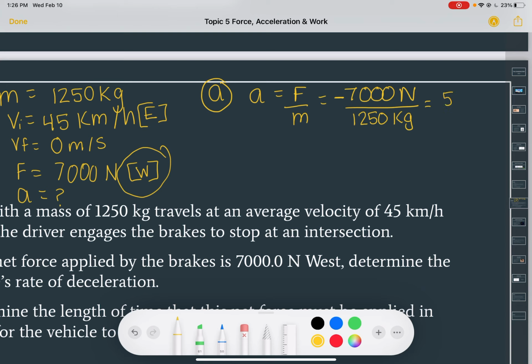So if we do that, we get 5.6 as a decimal, and that's acceleration, so that's in meters per second squared. That's fine for significant digits, really, because 45 would be our lowest. Let's do B, though.